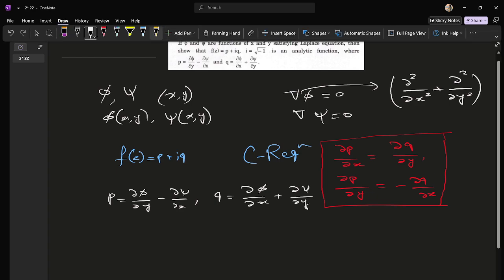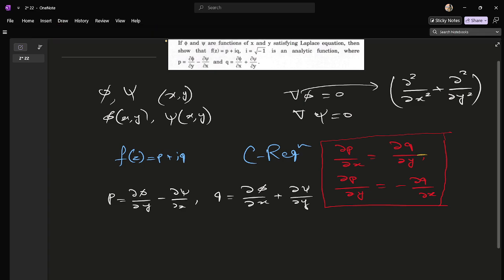Let me number the equations. Let us take this as equation number 1, and this is 2.